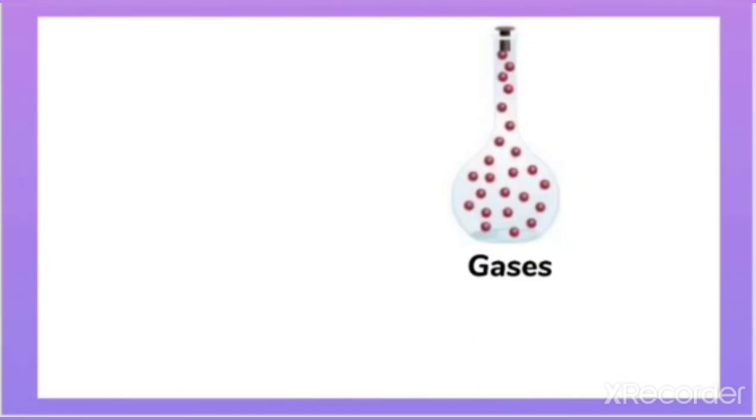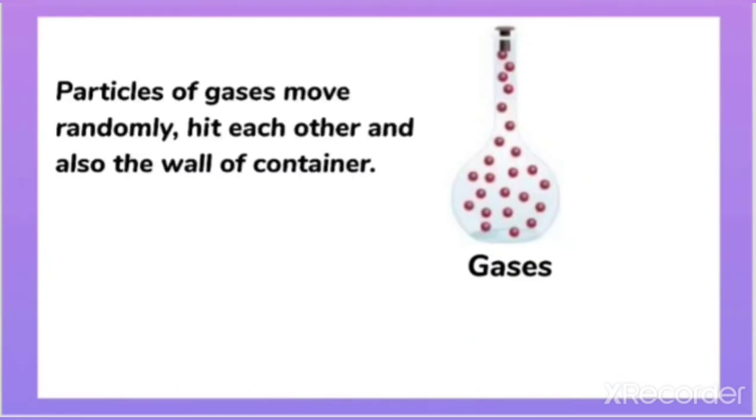When we talk about the gaseous state, the particles of gases move randomly because they have a weak force of attraction. When they move randomly, the particles hit each other and also the wall of the container.